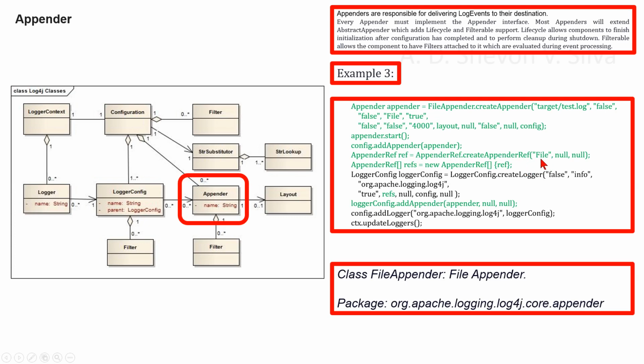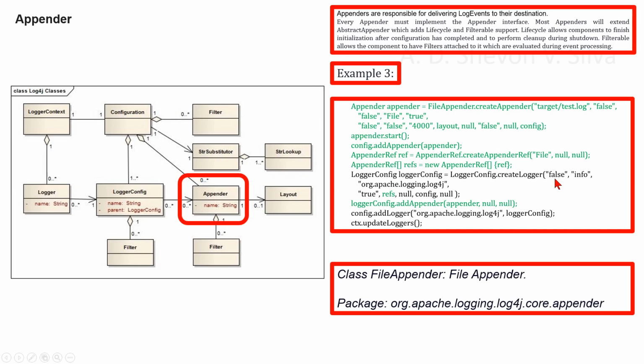This is ref, the name of the appender, and this is the level to filter against, and this is the filters to use. And this is logger config, the logger object that is created via configuration. And this is createLogger here. This will create the logger here.